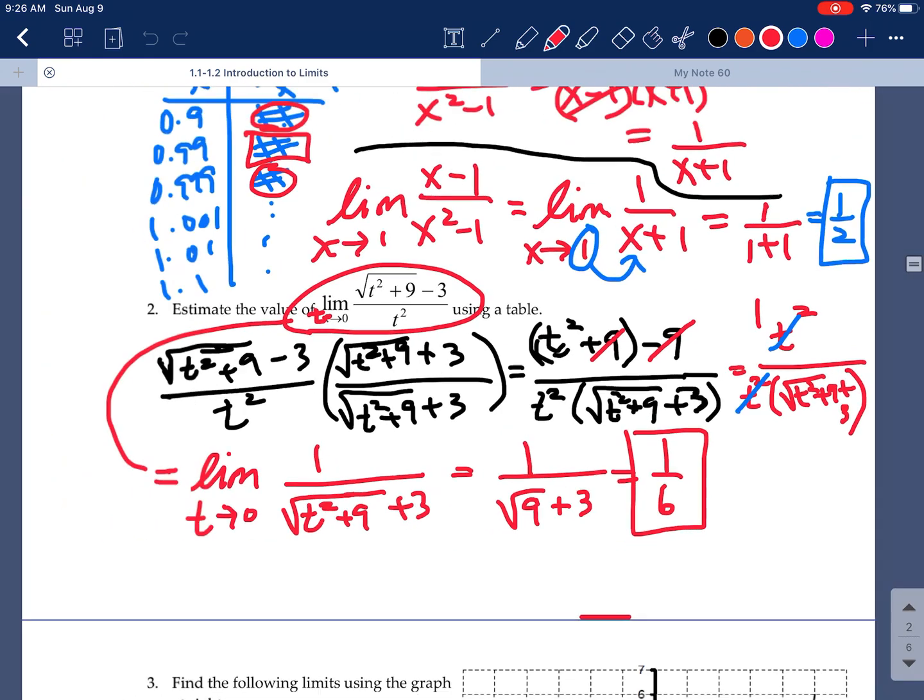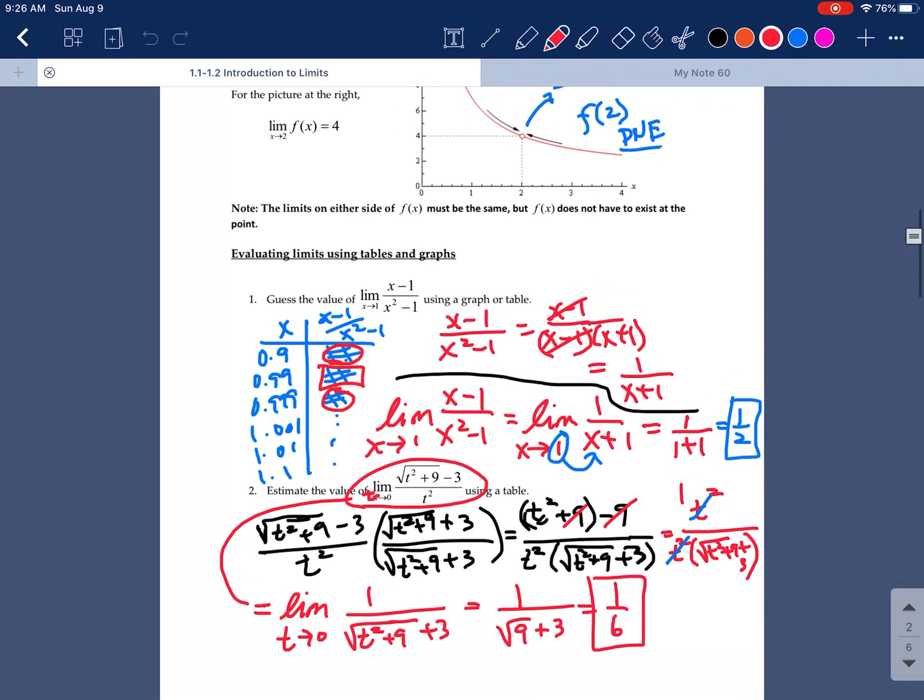So going back to our notes, we've got our first two examples worked through.